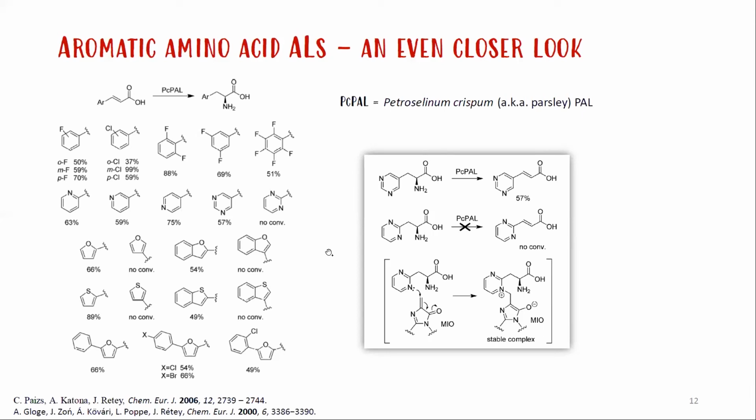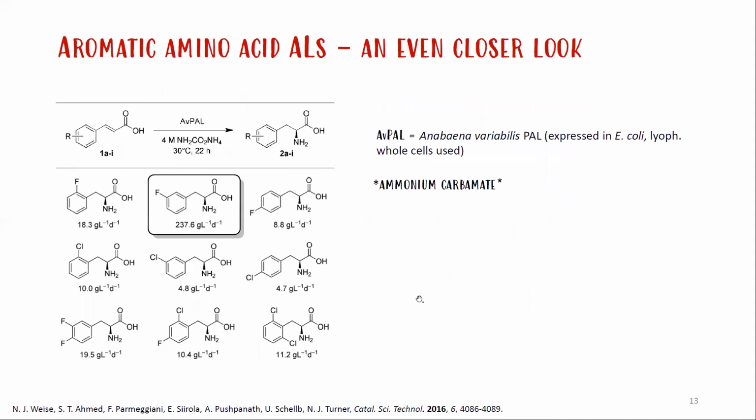And what they postulate is shown here: this aza-Michael reaction happens in a way that forms a stable complex that is shown here. And then basically this substrate acts as a competitive inhibitor of the enzyme. And that's why the reaction doesn't happen.